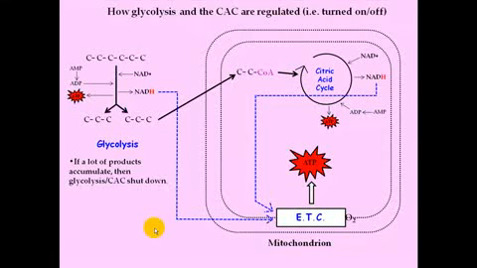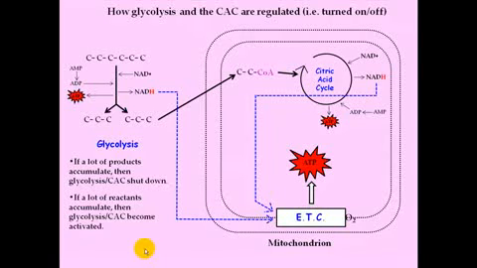On the flip side of the coin, the thing that ends up turning on glycolysis or speeding up glycolysis and the citric acid cycle is if there's a lot of reactants available. So that's again a good time to turn it on. So by the reactants, take a look at what all is needed in order for glycolysis and the citric acid cycle to occur.